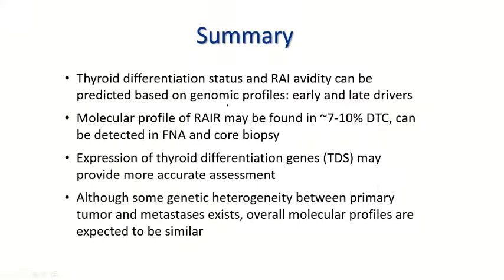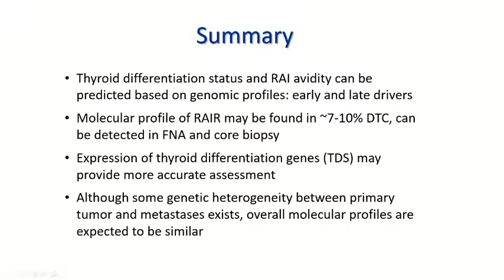So we expect to find molecular profiles that we now know confer a very low likelihood of response to radioactive iodine, which is BRAF and TERT mutation, in 7 to 10% of differentiated thyroid cancers. Importantly, this can be detected using molecular techniques in FNA and core biopsy.